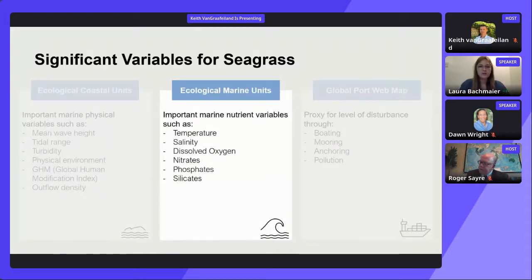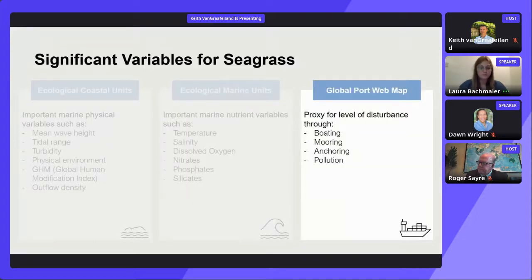And then the EMUs focused more on marine nutrient variables such as temperature, salinity, dissolved oxygen, etc. And one example of how these might impact carbon storage is that dissolved oxygen directly impacts the metabolic rate of seagrasses, and again, therefore, their primary production. And then finally, the global shipping port data added information on human disturbance.